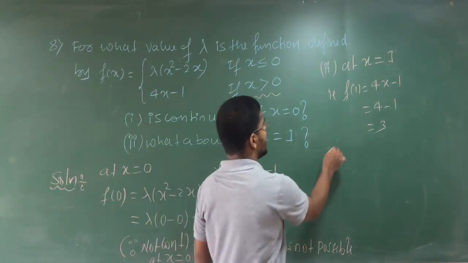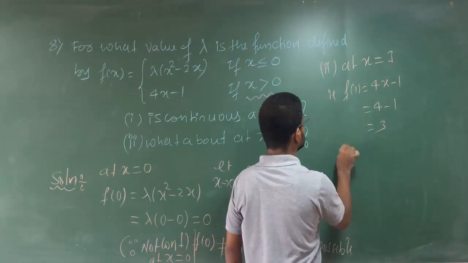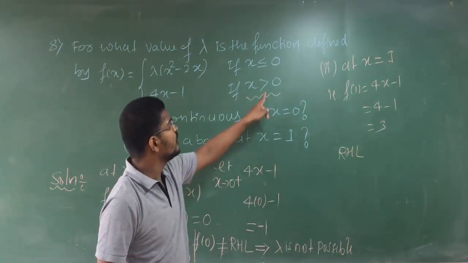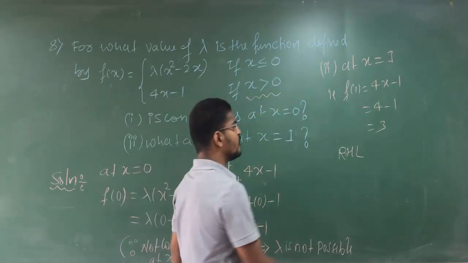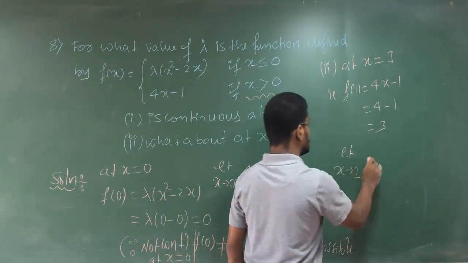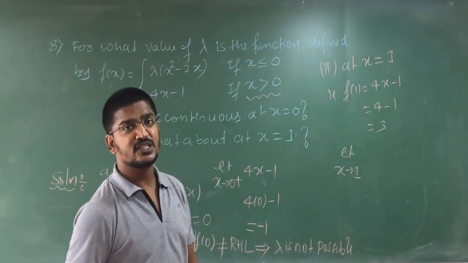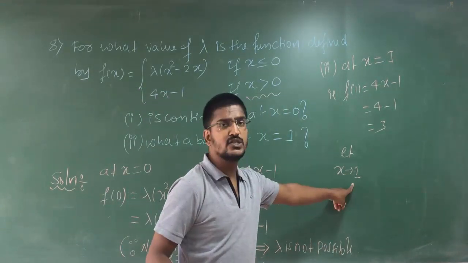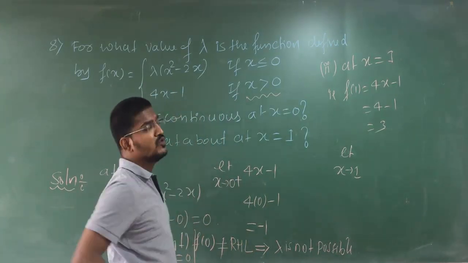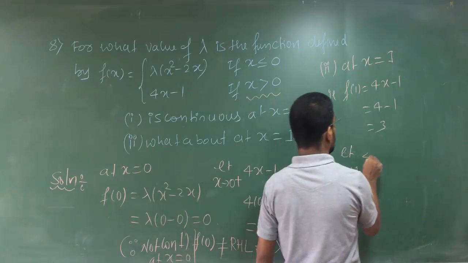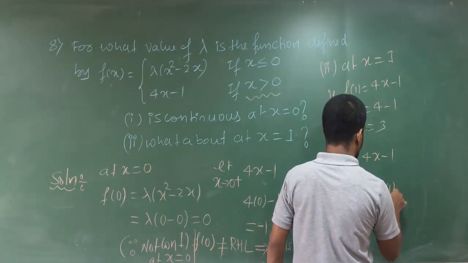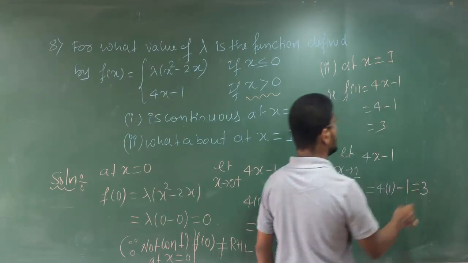Again, for the limit, because x is greater than 0, you can find the limit as x tends to 1. Don't use RHL, you can use the limit as x tends to 1. For the limit as x tends to 1, again it is greater than 0, so again you have to use 4x minus 1. So 4x minus 1 will be 4 into 1 minus 1, it will be 3.